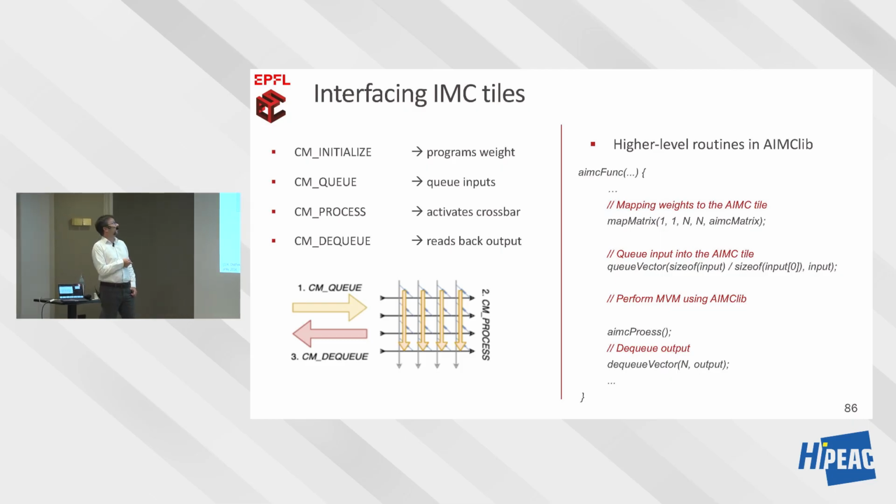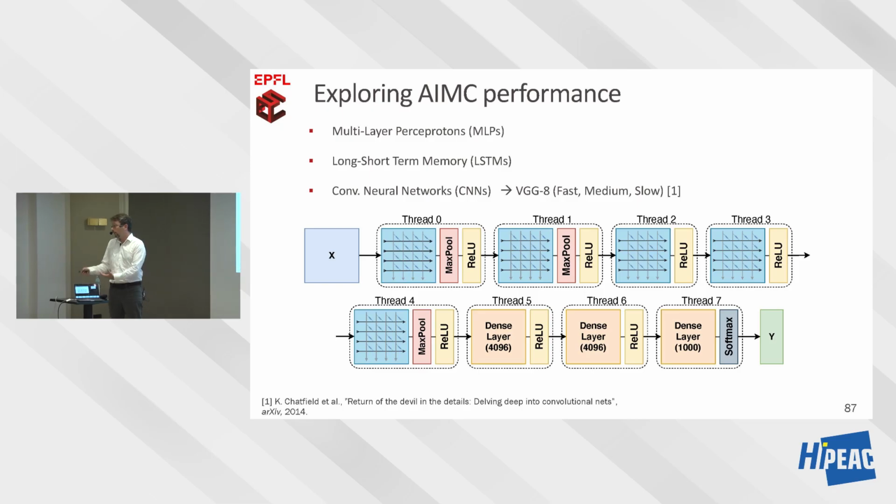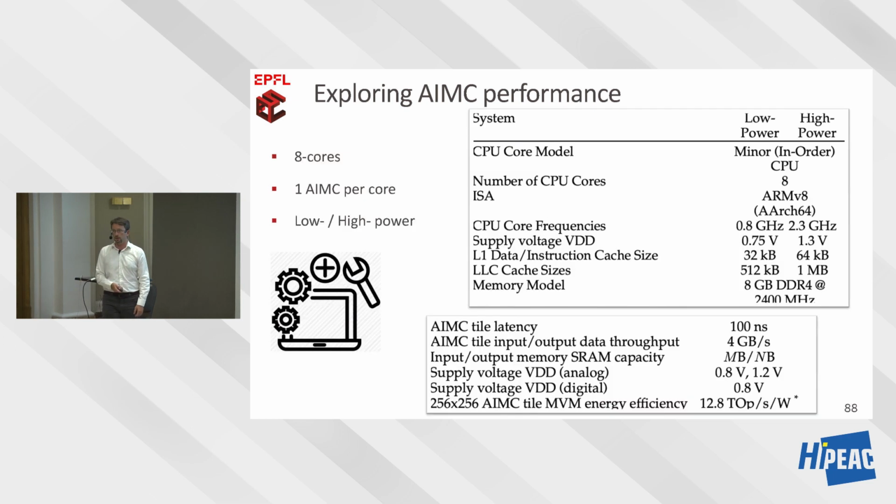What we mapped were machine learning models from different sources: multi-layer perceptrons, which is kind of the easiest thing you can possibly map as a machine learning workload, but then also long short-term memories and some CNNs, and we mapped different layers of this workload onto different processors while accelerating their matrix vector multiplications.